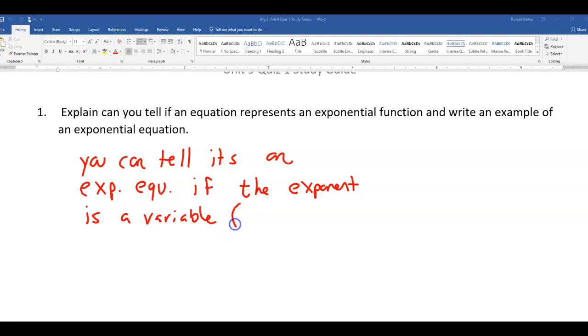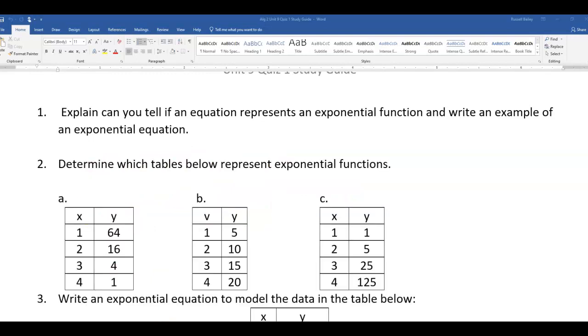Usually it'll be x, but it could really be anything. An example of that would be y equals 5 to the x. Anytime x is in the power spot, then you've got an exponential function. Let's go ahead and take a look at the next one.